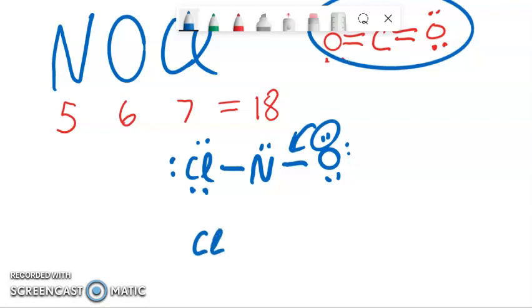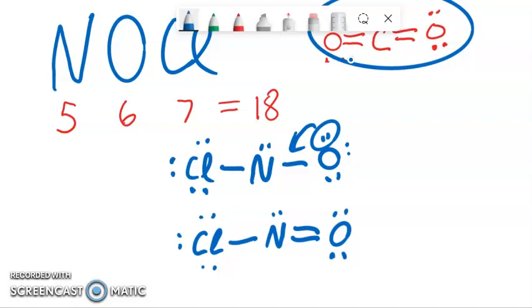So when we do that, we get chlorine, single bonded, nitrogen, double bond, oxygen. Don't worry so much about why I put the double bond on oxygen instead of on the chlorine, except remember that the halogens tend to make 1 bond and the oxygen family tends to make 2 bonds.